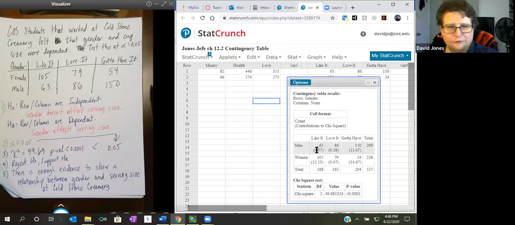There's a formula for calculating it, but it looks like the one that's contributing the most to chi-square is this one, women in the gotta have it size. And then next is women in the like it size. In fact, the men had less of an impact than women across the board, which is interesting to me. But that's where that comes from.